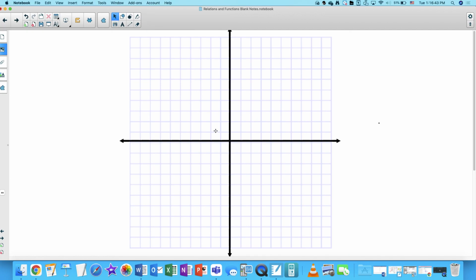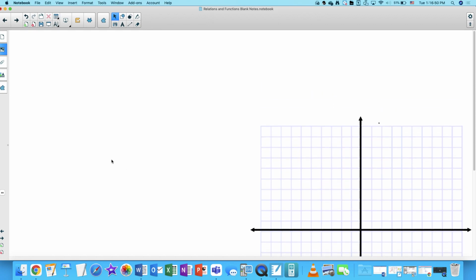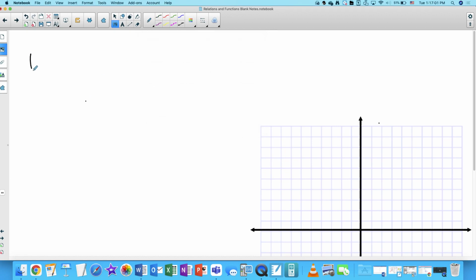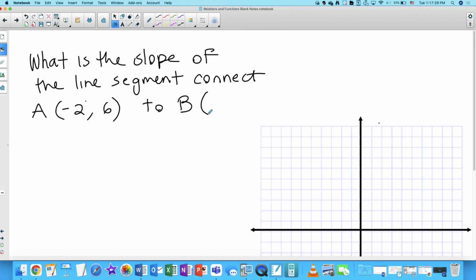Okay, so if I asked, for example, what is the slope, the rate of change, of the line segment connecting A, which is, let's say, -2, 6, to B, which let's say is 3 and 8.